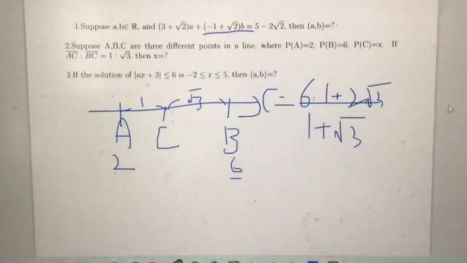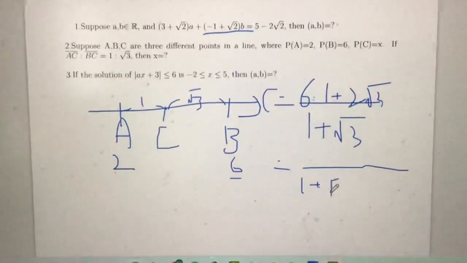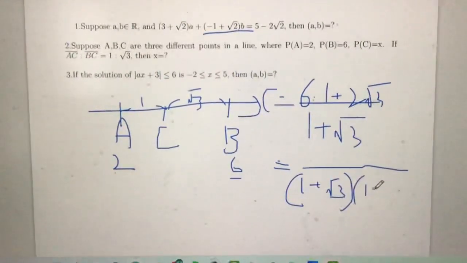So we can alter it by this one. We can multiply by 1 minus square root 3.